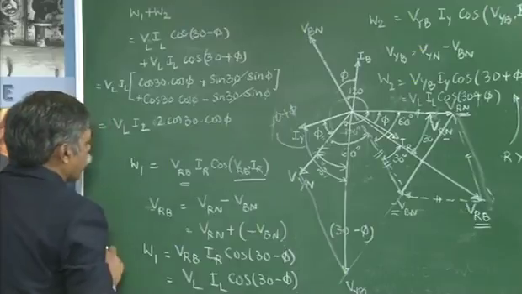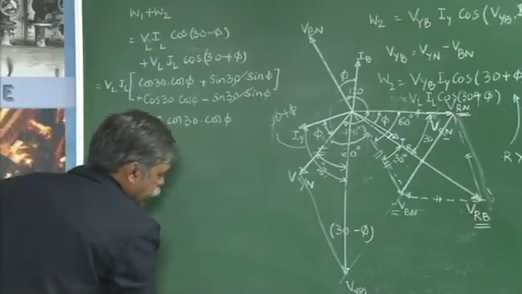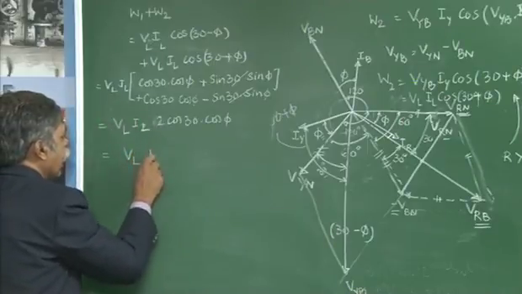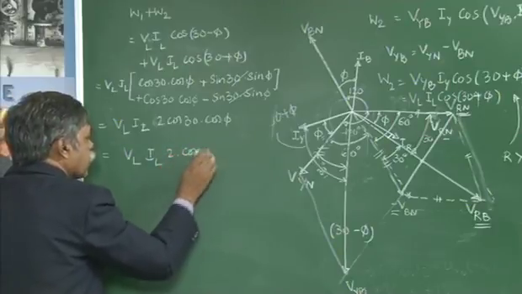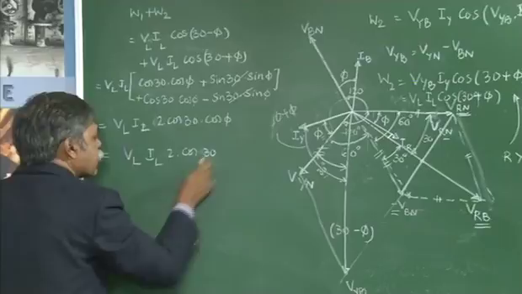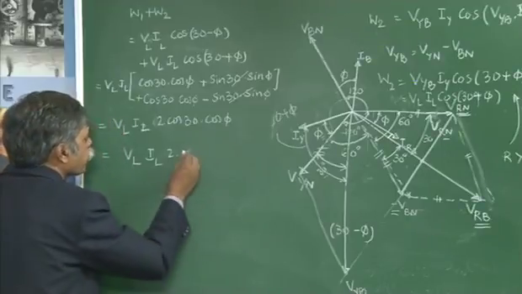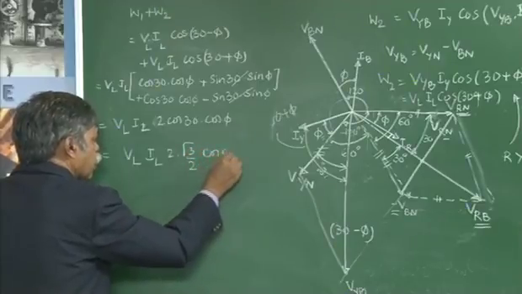When I substitute the value for cos 30, which is root 3 by 2, I will be getting VL IL, 2 into root 3 by 2, cos phi.